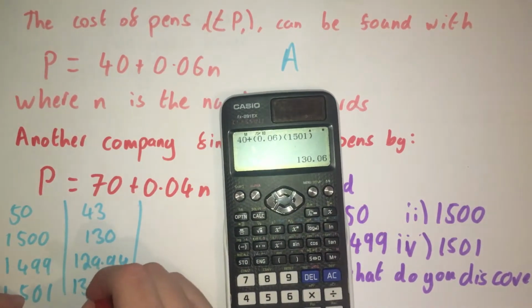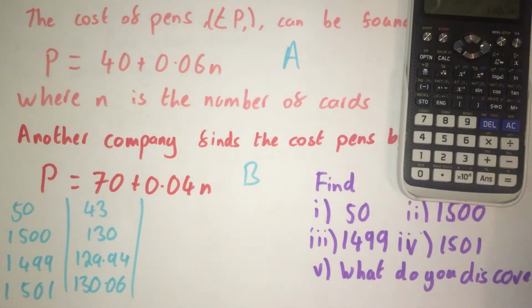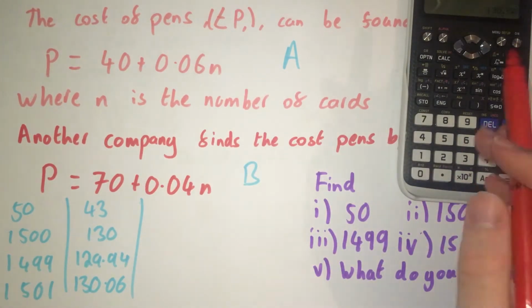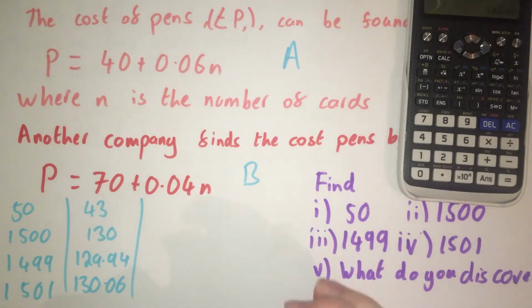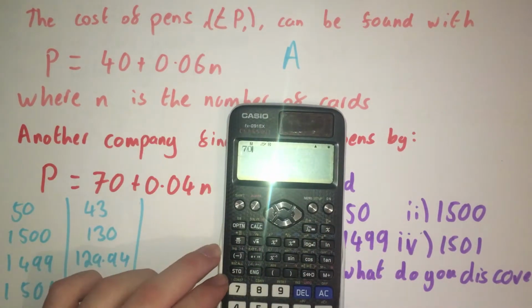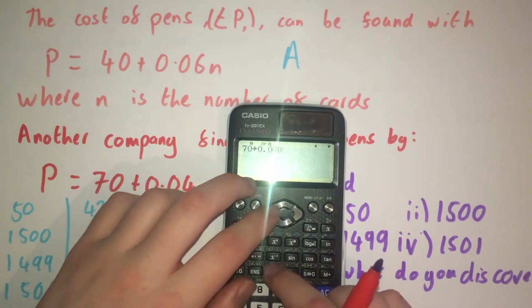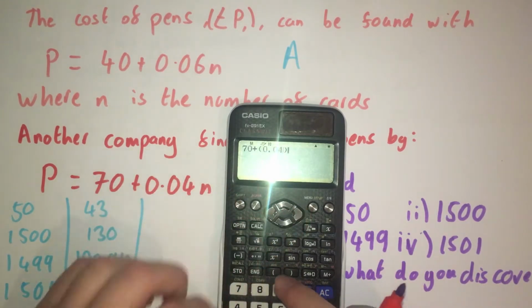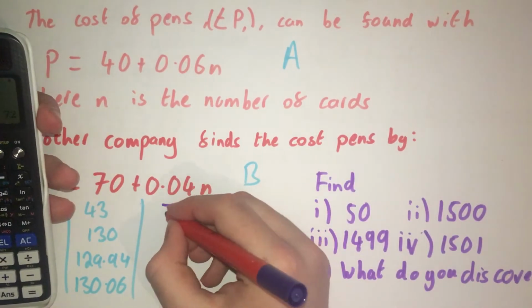Now we've found company A's prices, we want to find company B's prices. So get our calculator: 70 plus 0.04, then the first one's 50. That's £72.